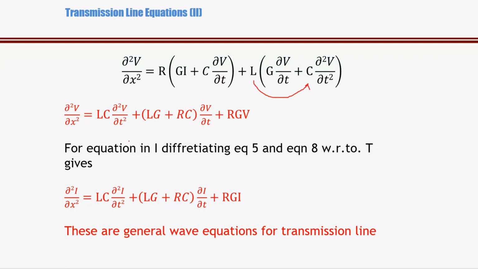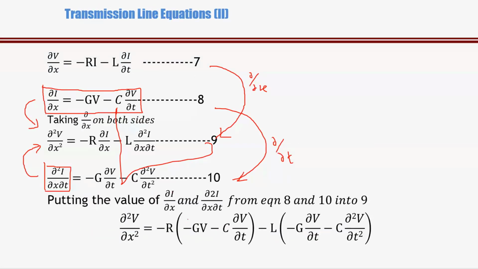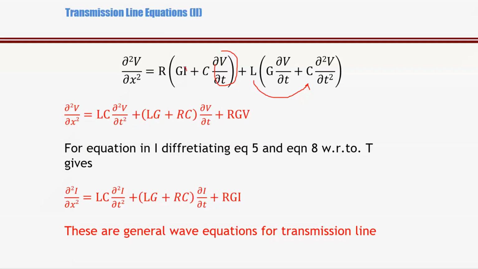LC ∂²v/∂t² plus, now collecting Lg and Rc, because ∂v/∂t is common, Lg plus Rc into ∂v/∂t plus R into G into V. Okay, it should be V here, I think. Yes, it should be V in this equation. So here it should be V, and then you will get RGV.